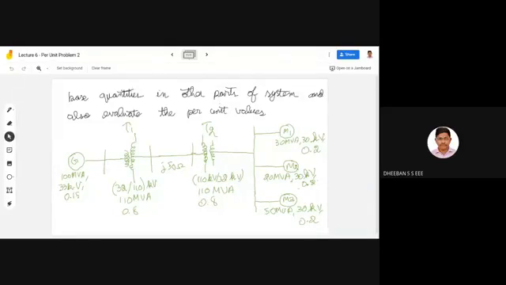In between the transmission line there are two transformers, T1 and T2. One of the transformers is a step up transformer, whereas the other one is a step down transformer. Okay, so we started with finding the per unit value with respect to your generator.